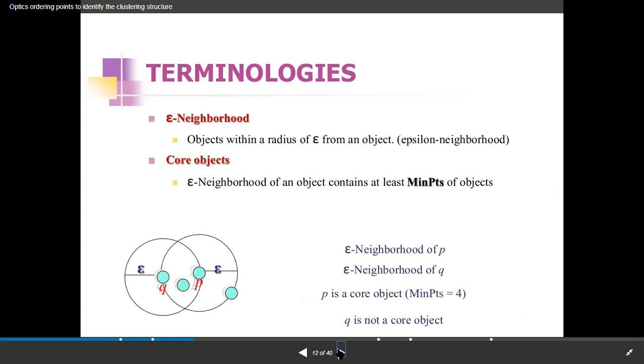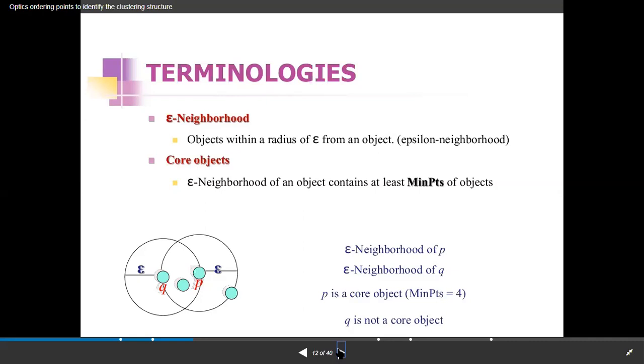All the points which have at least the minimum number of points or more inside the epsilon radius are called core objects. In the given diagram, the min point criteria is 4, and when we draw a circle around P with epsilon radius, we find that there are 4 points inside the circle, so it is a core point.